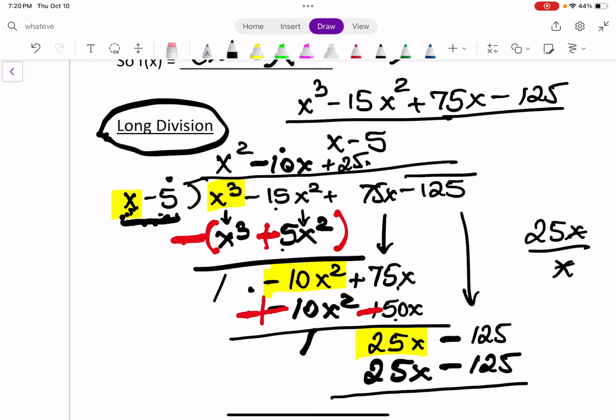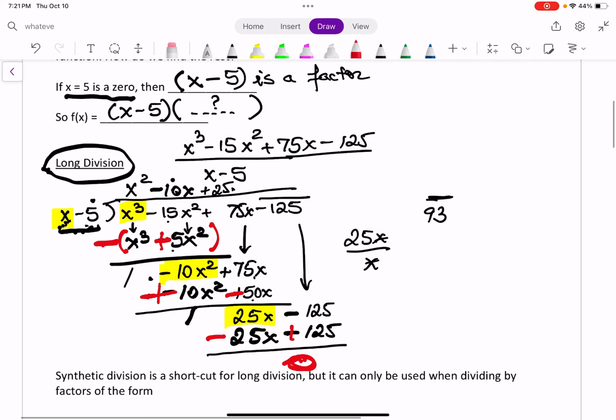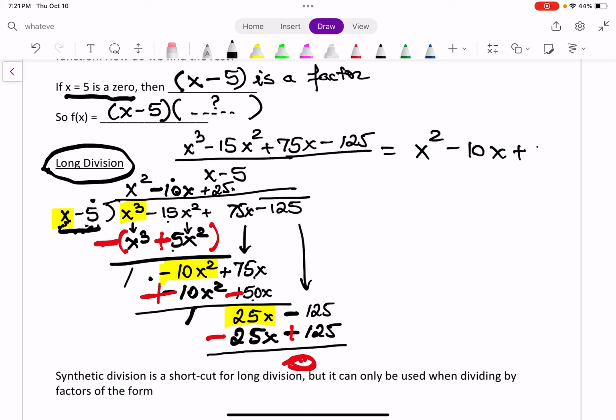Hopefully you see why it is important that we switch signs: 25x minus 125, subtract 25x minus 125, you get 0. If the remainder is 0, that means x minus 5 is a complete factor. It goes in evenly, there's no remainder left. So the answer is x squared minus 10x plus 25, and that's what goes in here.